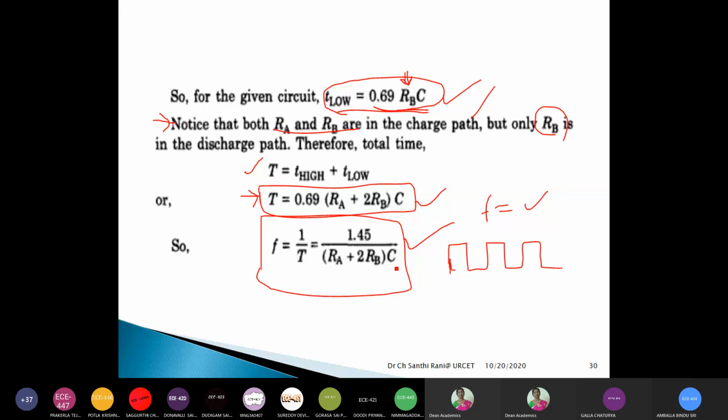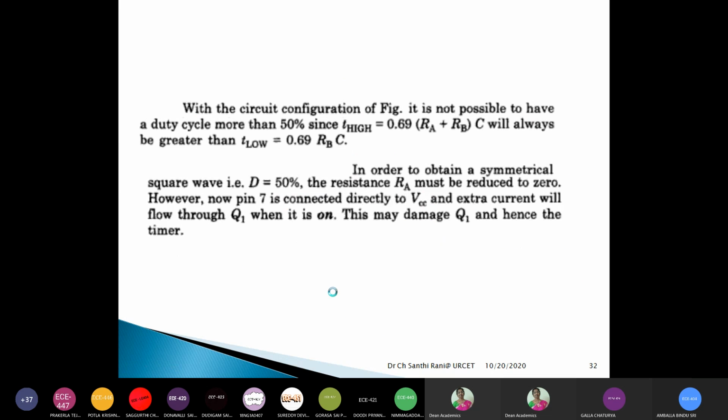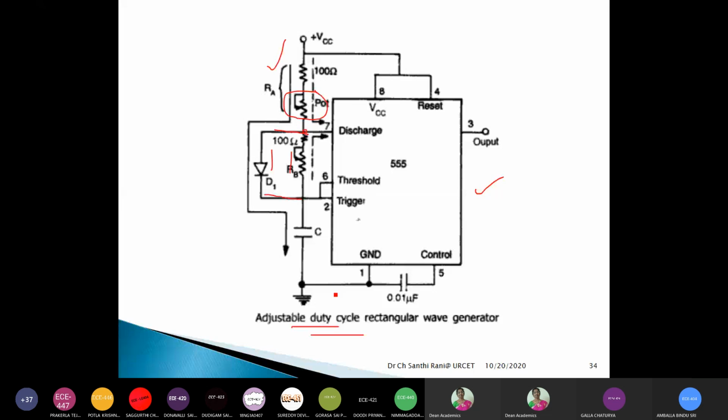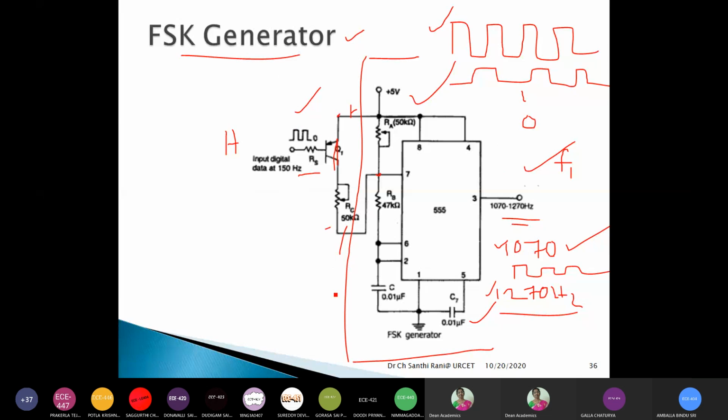Now, what is happening when the signal goes low? RA is connected in parallel with RC, right? So this equation is modified. When RC comes in parallel with RA, the resistance is reduced. When R is varied, the output frequency varies.